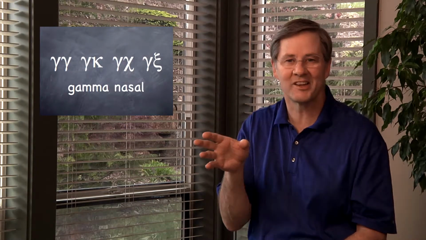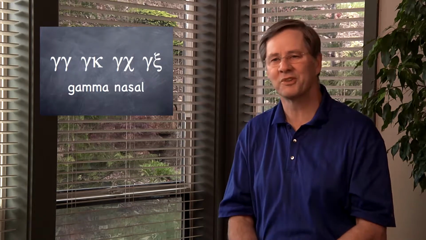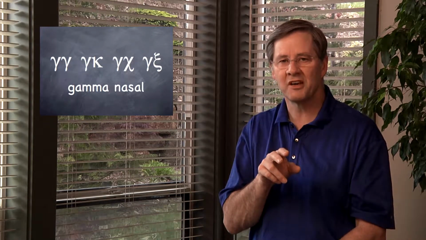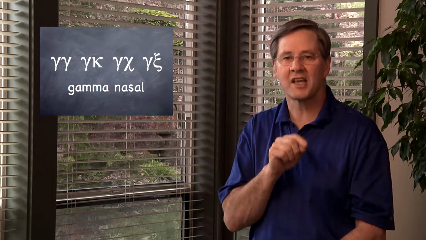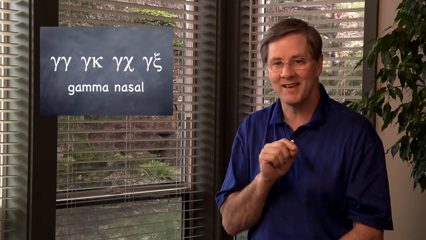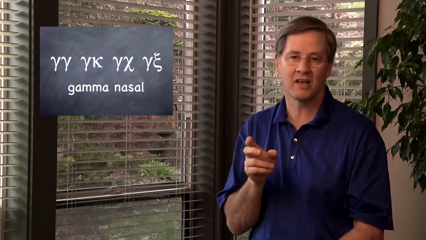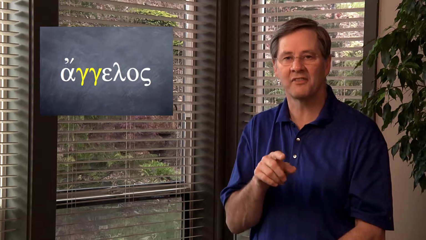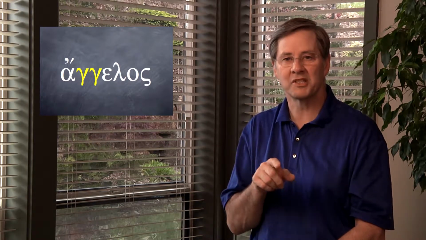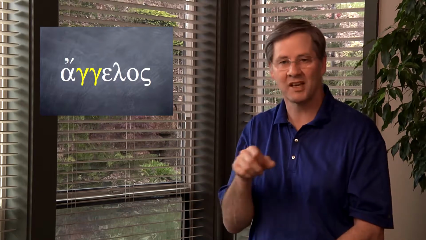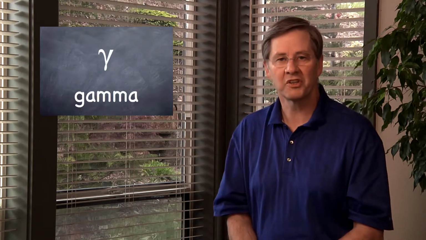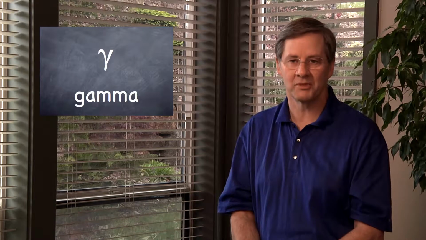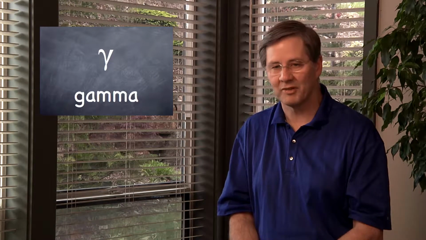Of course, you don't know those other letters yet, so you'll learn them as you go through. When you hit that scenario, the first gamma is pronounced as a gamma nasal, as an N sound. So like the Greek word for angel is angelos, alpha, gamma, gamma, but it's pronounced ang, okay, A-N-G sound. So the third letter is the generally hard G sound, called gamma.